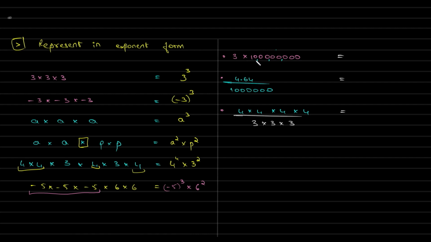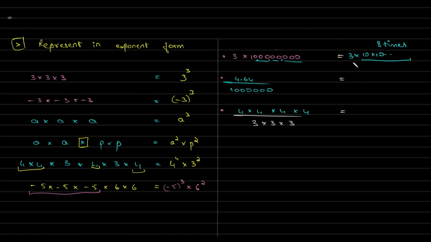So how many zeros? 1, 2, 3, 4, 5, 6, 7, 8. 8 zeros are there. So how do you write this? Well, this can be written as 3 into 10 into 10, so this will be 8 times. So I can write this as 3 into 10 to the power of 8.